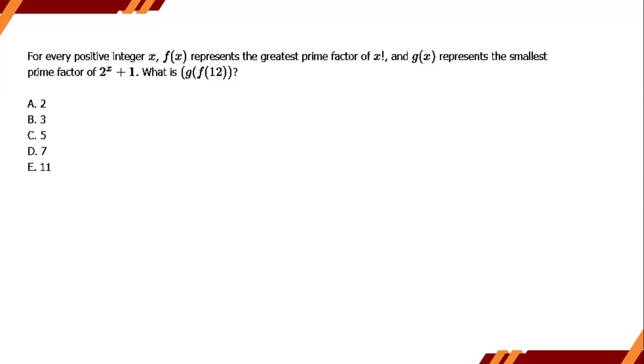So here, for every integer x, f of x represents the greatest prime factor of x factorial and g of x represents the smallest prime factor of 2 power of x plus 1. What is g of f of 12? All right. First of all, this question is testing compound functions, right?